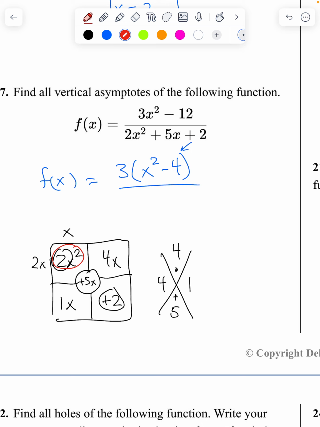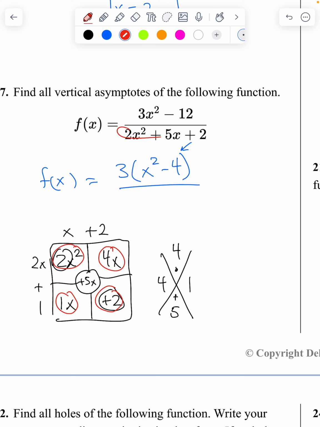And then x times +1, that will take care of this, because x times 1 gives me 1x. And then 2x times +2, that should give me 4x. And then just to double check, 2 times 1 gives me +2, so it works.